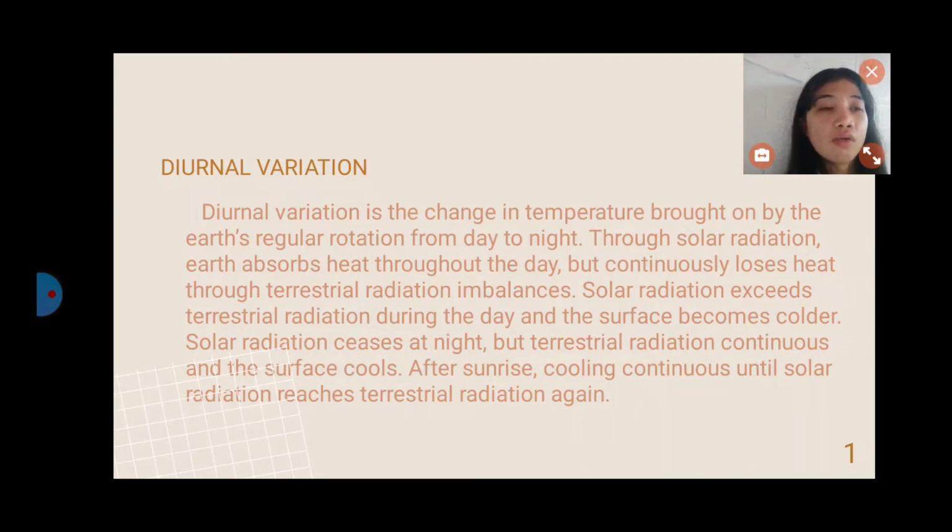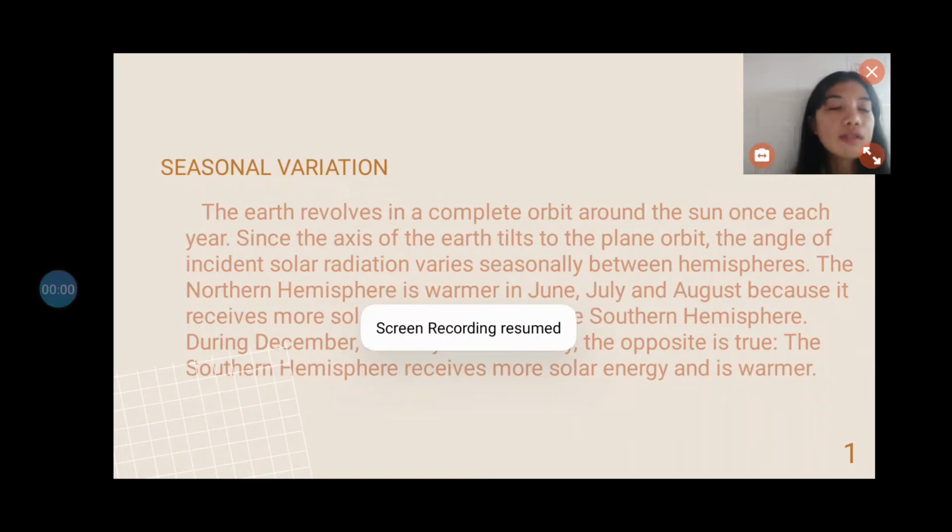So solar radiation exceeds terrestrial radiation during the day and the surface becomes warmer, while at night solar radiation ceases but terrestrial radiation continues and the surface will cool. So after sunrise, the cooling continues until solar radiation reaches terrestrial radiation again.